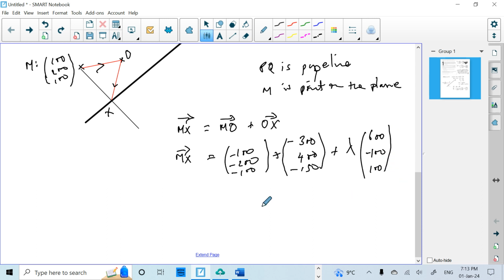Okay, we're getting there. So mx is equal to 600 lambda minus 400, minus 100 lambda minus 100 lambda plus 200, and 100 lambda minus 250.